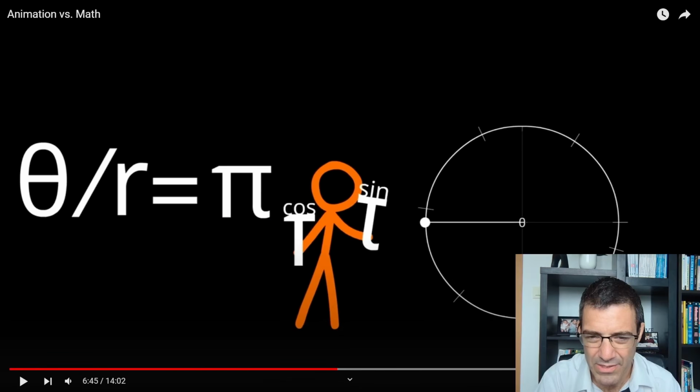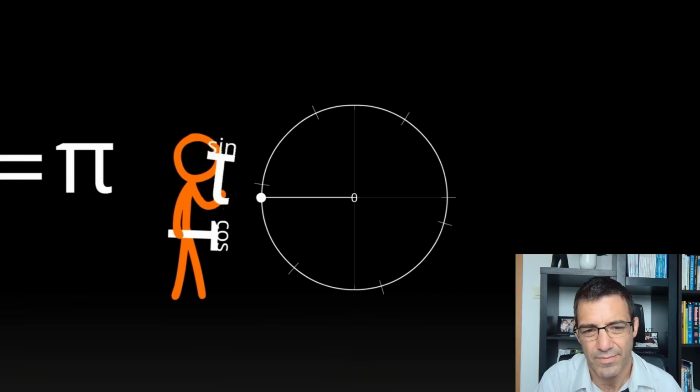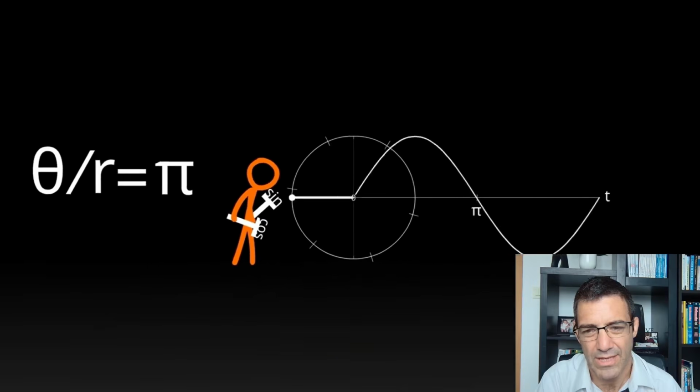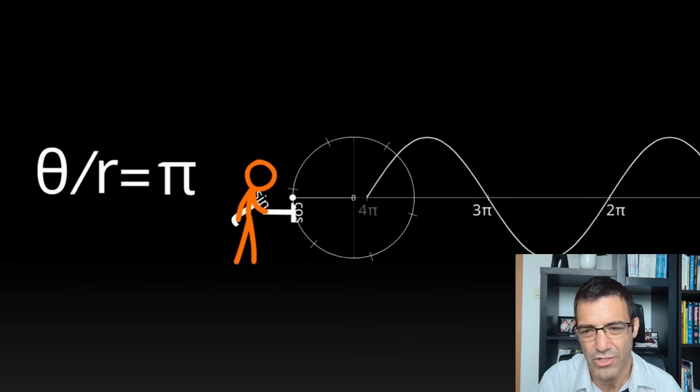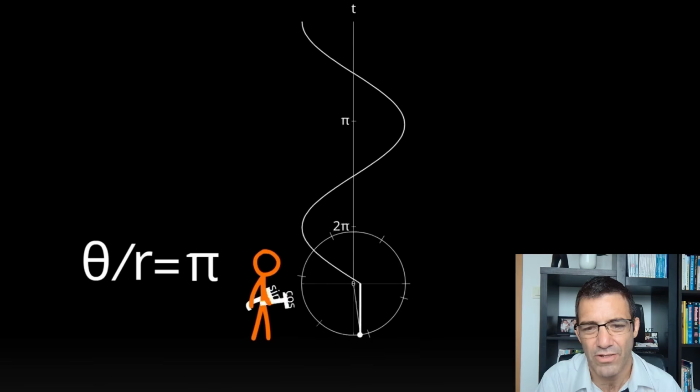Oh, what is this? So cosine t and sine t. Sine t is a curve and cosine t is a curve. So I guess we're going to see some curves. That is the period of the sine function. Goes in 2 pi radians, and then t on the vertical axis here.